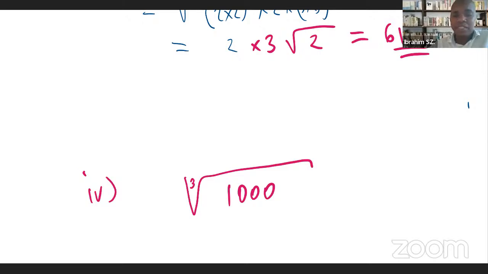We know that 1,000 is equal to, so this is equal to, we know that the cube root of 1,000, you have 10, okay, times 10 times 10.